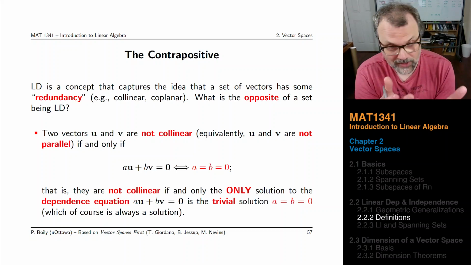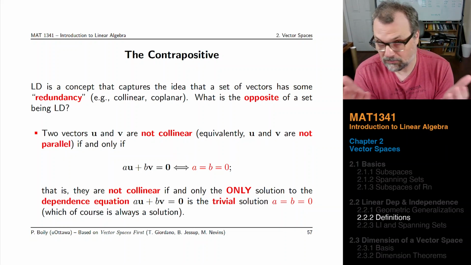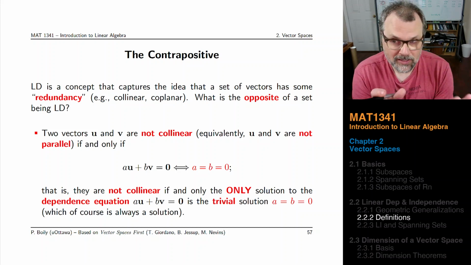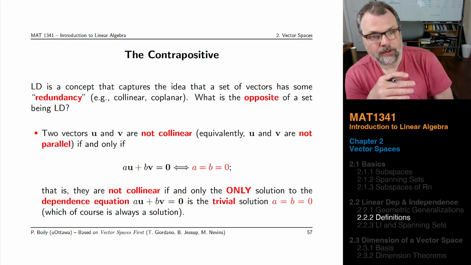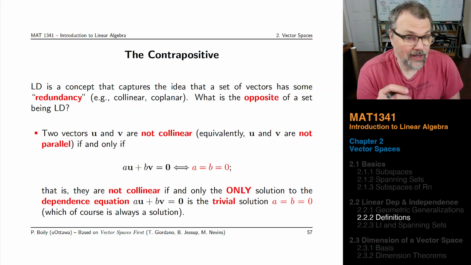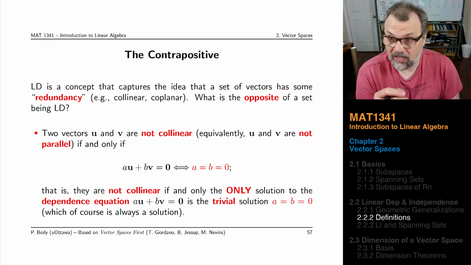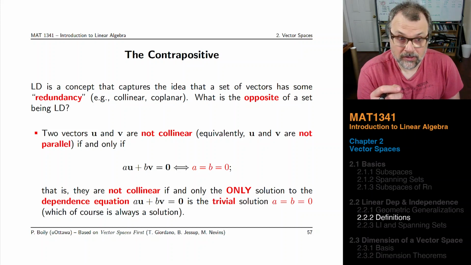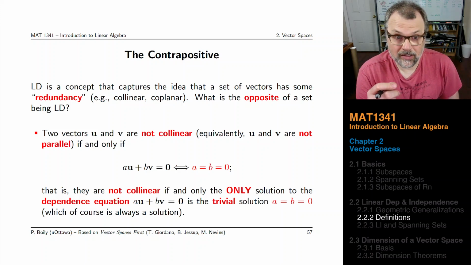Let's look at it from the point of view of just two vectors. If two vectors are not collinear, if they're not parallel, then if you write the dependence equation, au plus bv equals 0, the only way this can happen is if a and b are 0.